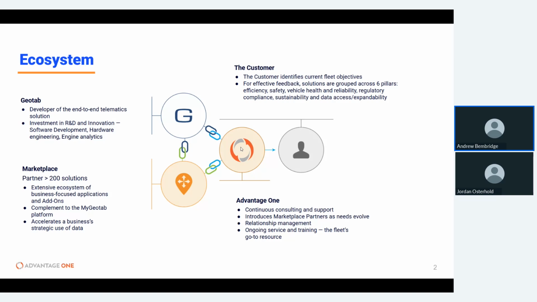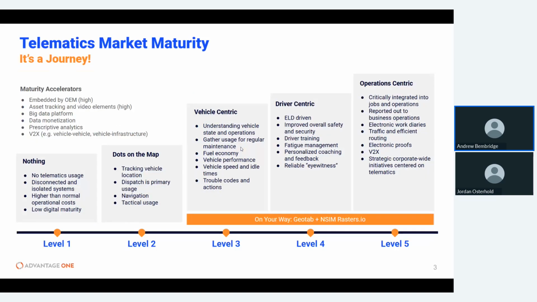All those different applications and systems out there integrate smoothly with Geotab. We are your central point to learn about those, interface with those products, and get you going. So that's what we're doing today: another marketplace partner, NSIM Technologies, with their product Rasters.io, and we'll be jumping into that portion today.